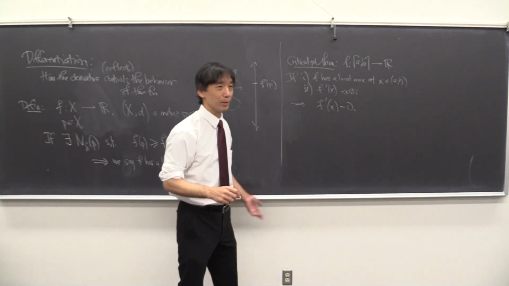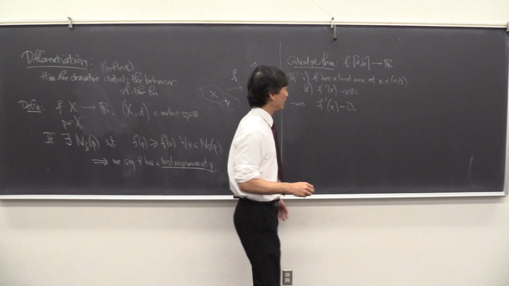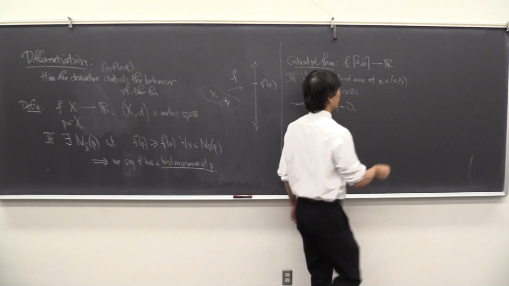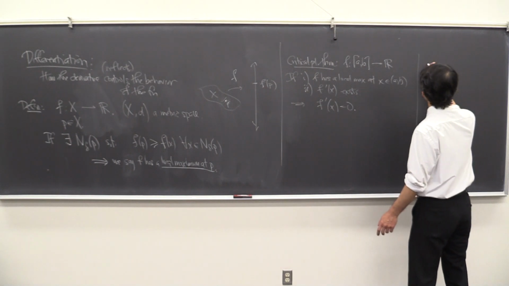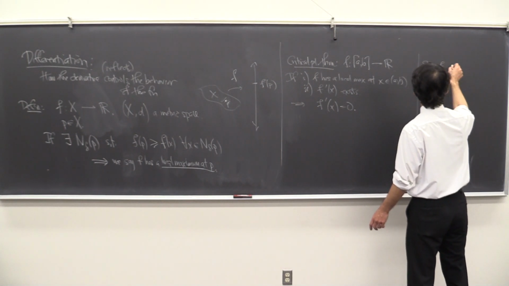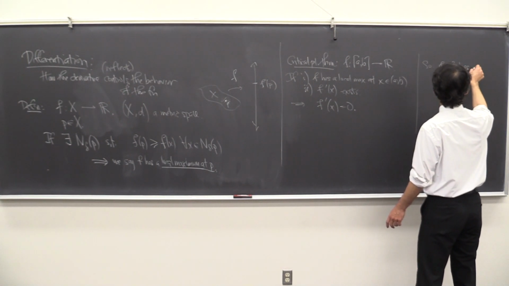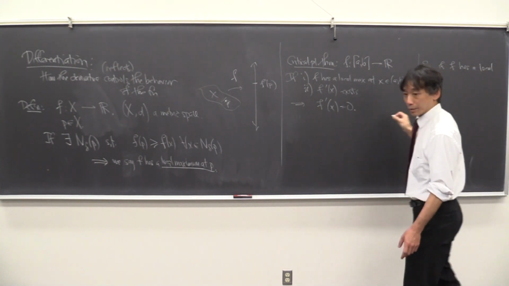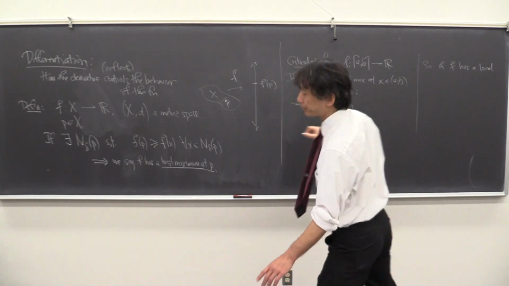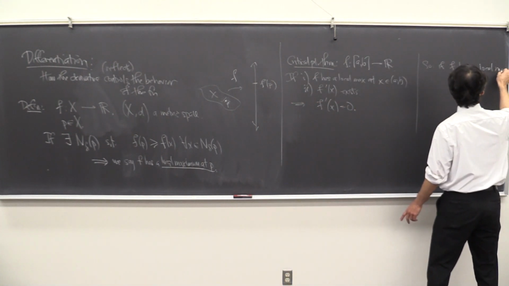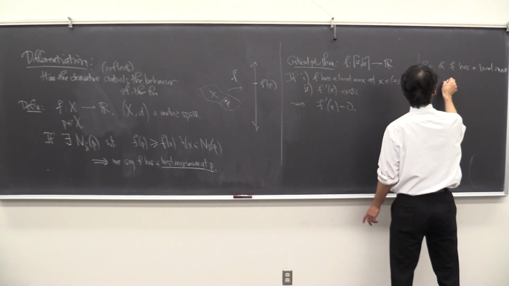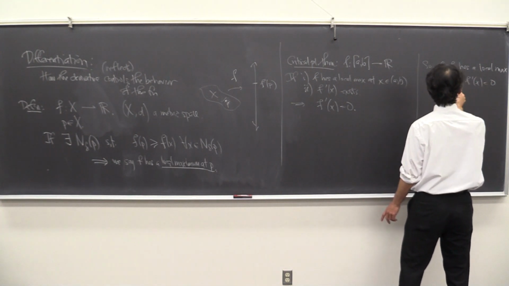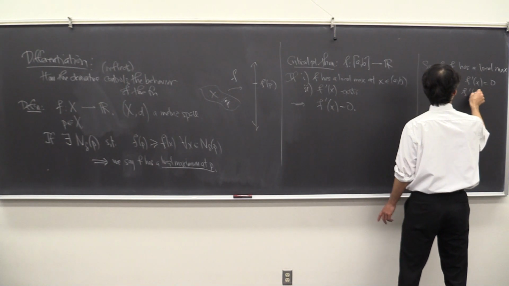So this is something you used back in the past. And of course, one of the consequences is that if f has a local max somewhere, then either the derivative is 0 there, or the derivative doesn't exist.